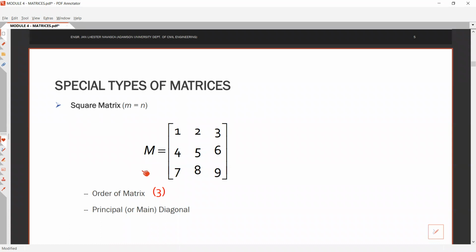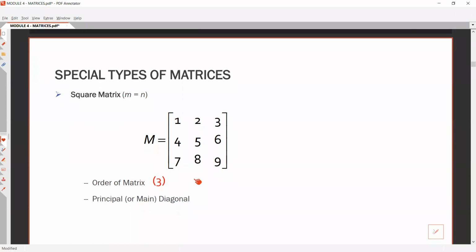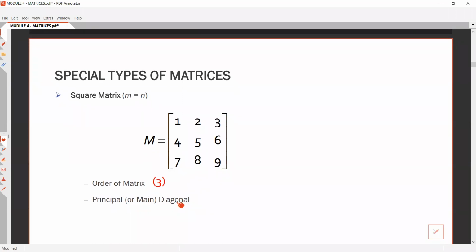So the order of the matrix is 3. Okay, so we want to find the principal or the main diagonal. So ito yung principal or the main diagonal, yung nandito.